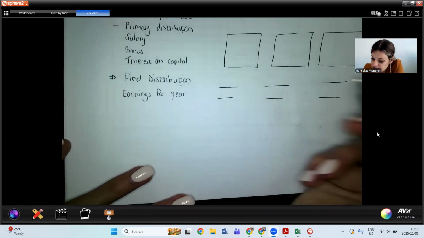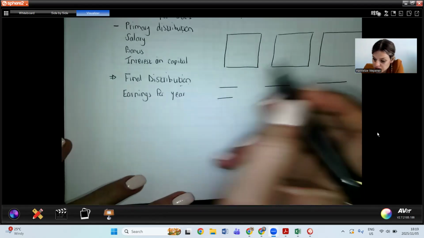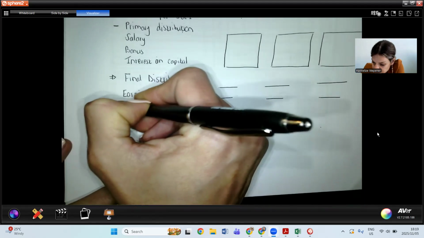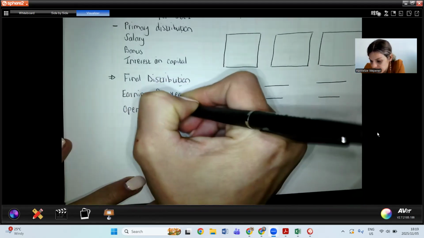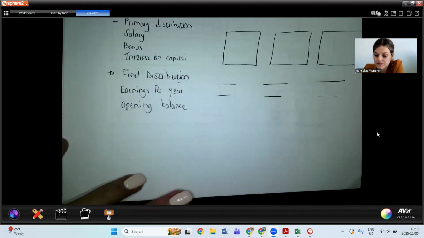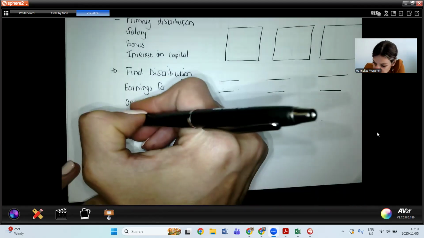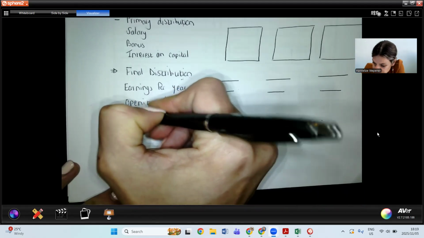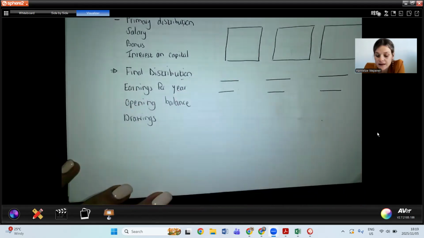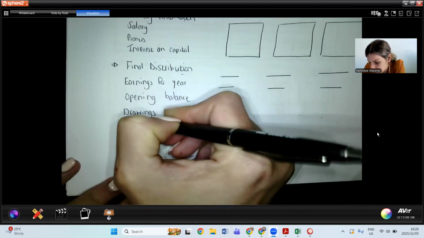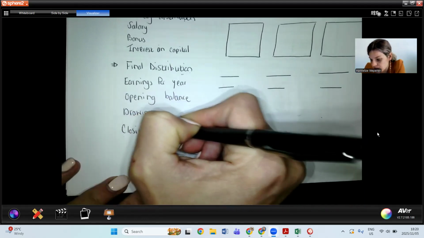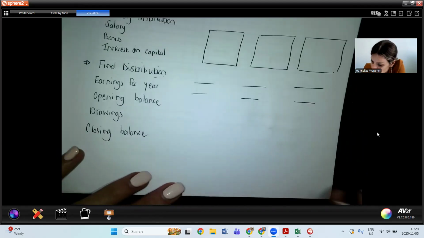Then we're going to say if we take our earnings for the year, we add that to the opening balance, because they might have had a balance on this account previously. We subtract their drawings for the year. It will give us our closing balance at year end. And it's this closing balance that you want to see in your SFP.